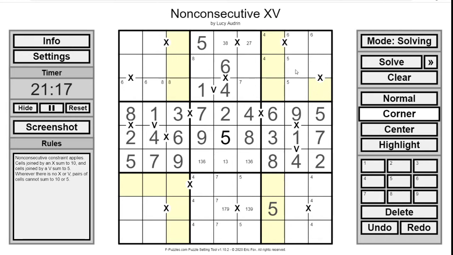Alright, I was just looking at 6s. Whoops. How did I come to the conclusion that this couldn't be a 6?